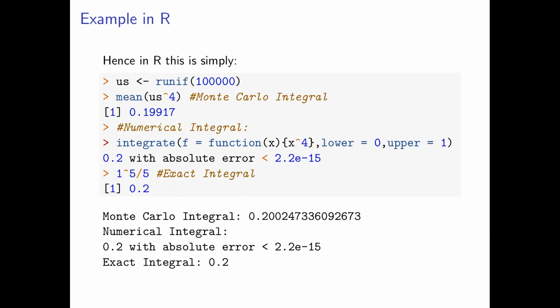The numerical integral, based on numerical integration methods which are doing geometric approximation of this area under the curve, calculates 0.2 as the actual value for this integral, and the exact integral, which we can easily calculate in this case, is exactly this 0.2.